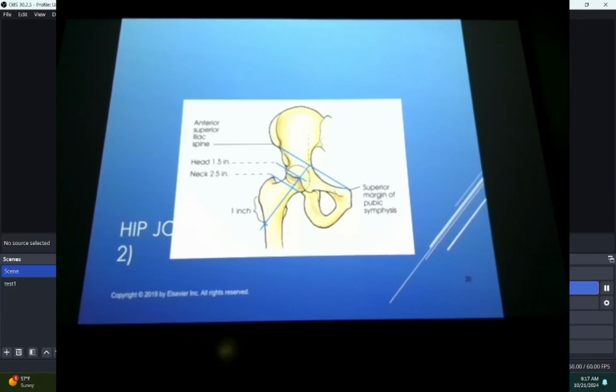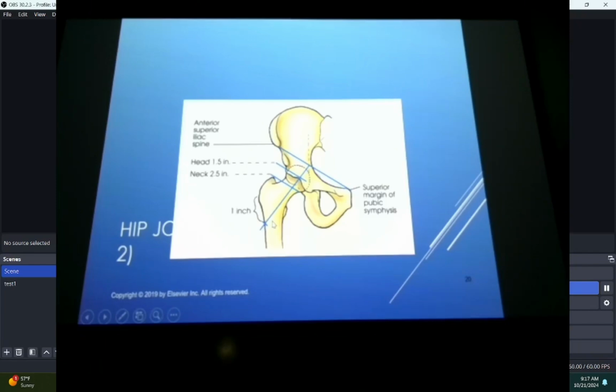You want that directly over the photocell so that you get the right density, you get the right exposure to the image receptor. Okay, we're going to cover that more in physics and imaging, but what you want is you want that directly in the center of your image.